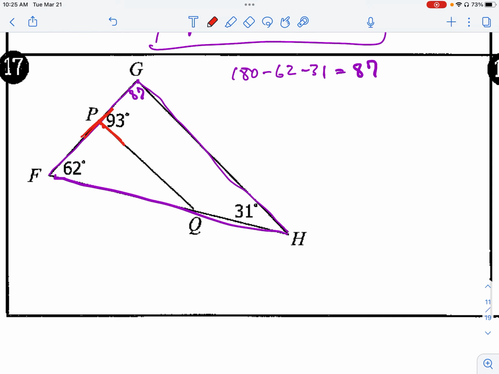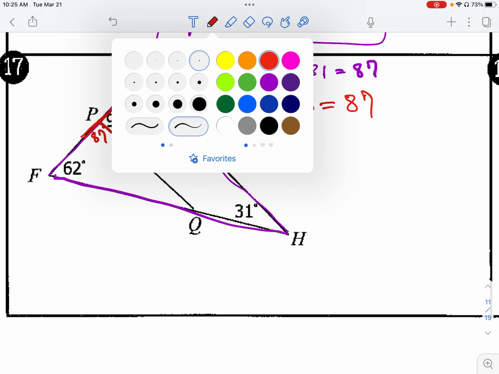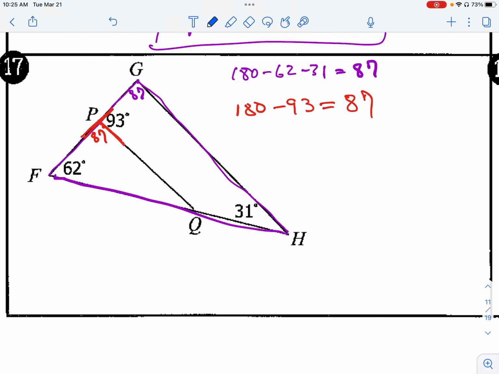Right here, we have a linear pair. What does that mean? That means a line is 180 degrees, so 180 minus 93 equals 87. So this one here is 87. So let's go to blue for this. So 62 plus 87.